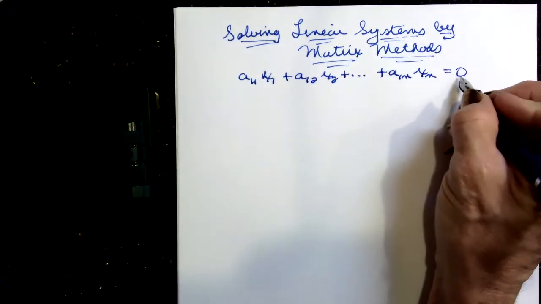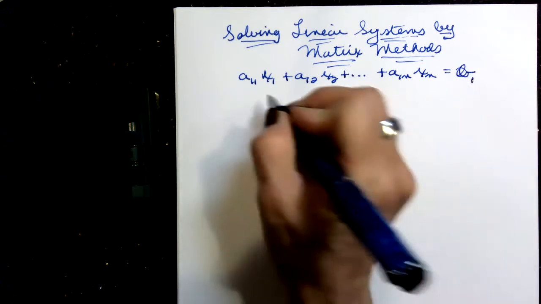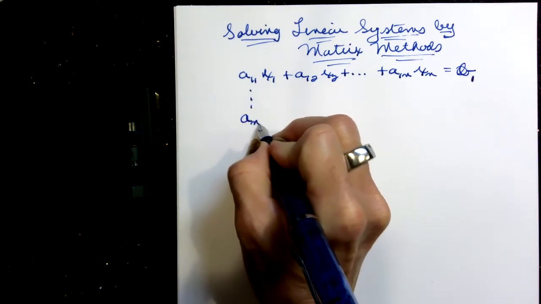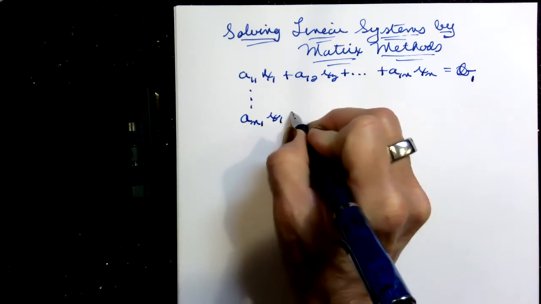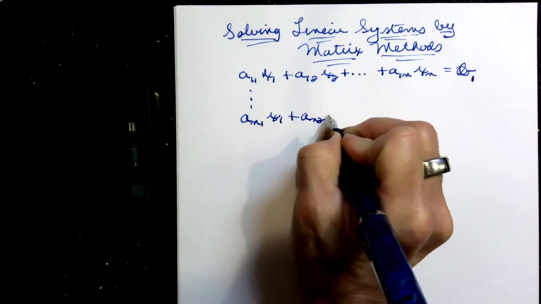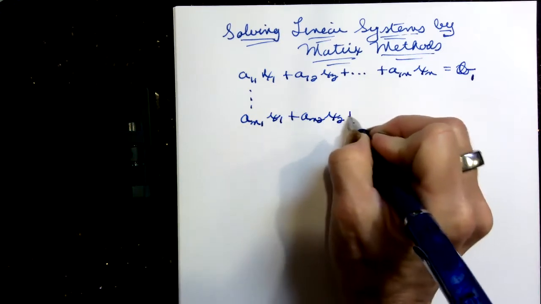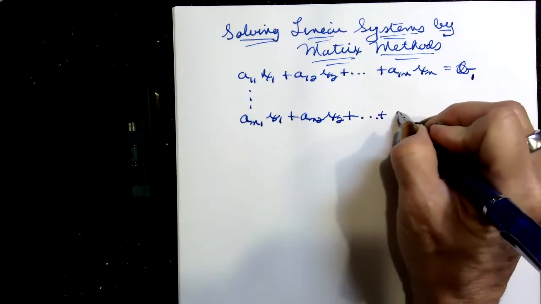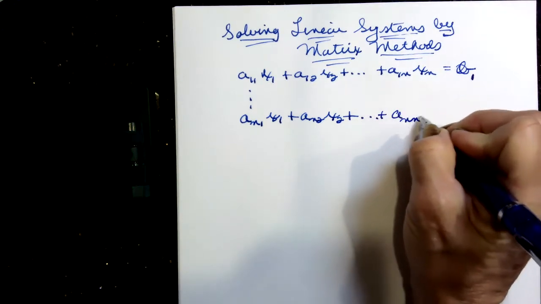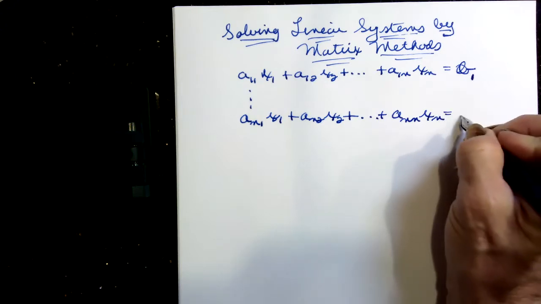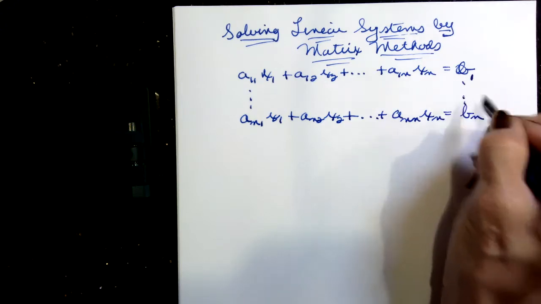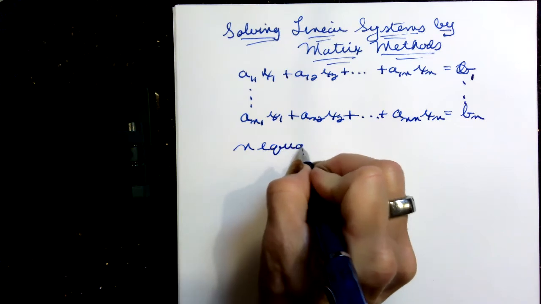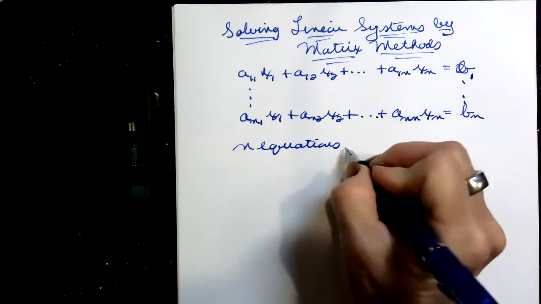Let me call that b1, and you keep going like this till you get an1 x1 plus an2 x2. So my x's are my unknowns. All the a's are real numbers, they're coefficients. And the b's are real numbers as well. So in this case, I'm going to have n equations and n unknowns.